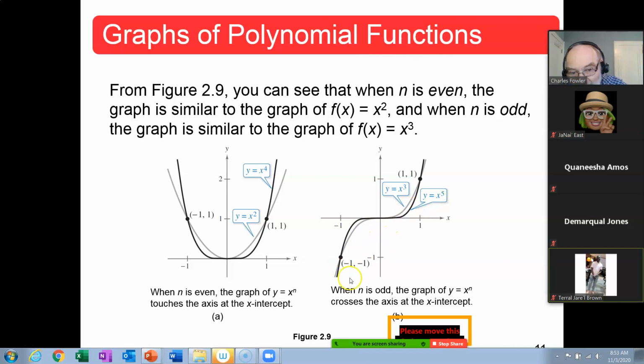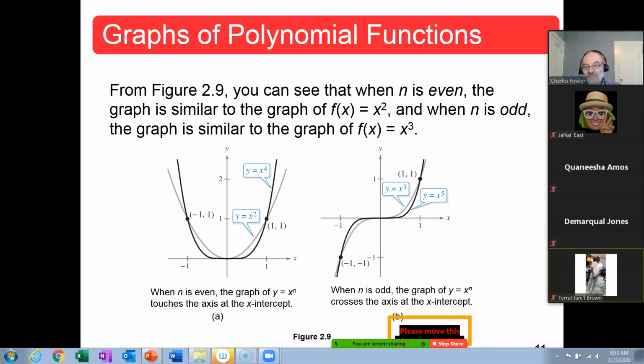X to the 5th would be steeper at the minus 1, minus 1, and plus 1, plus 1, but flatter near 0, 0. Okay? So, same type deal, except even functions are on the up and up, odd functions go in opposite directions, odd powers, okay? And these are odd functions as well.